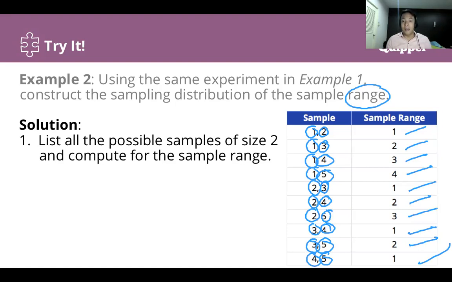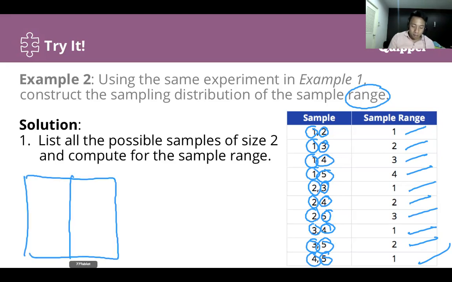As simple as that. So, in your activity, you need to do 3 tables, okay? Yung first table natin is just consist of sample and the sample mean. Okay? That's the first table.